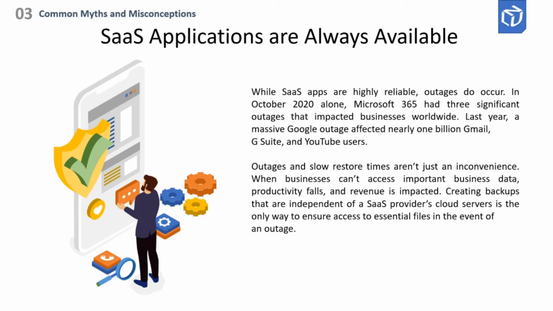So for example, last year alone in October, Microsoft had 3 significant outages that impacted businesses all over the world. And then we also had quite a few Google outages. And if you recall, maybe not too long ago, we had a massive outage when it came to social media with Facebook, WhatsApp, Twitter, everything going down. So it does happen.